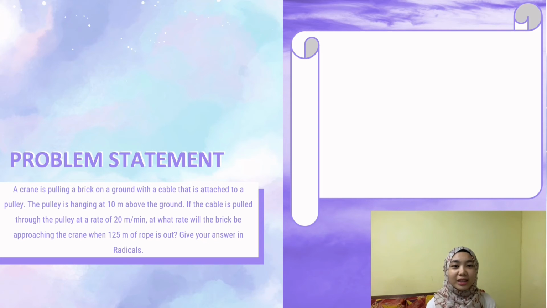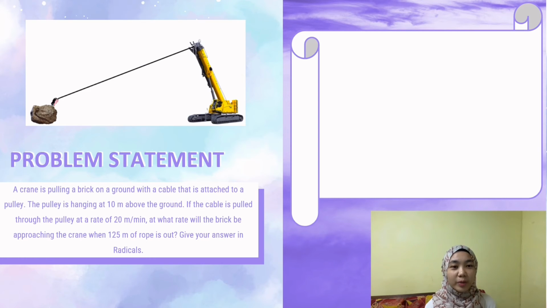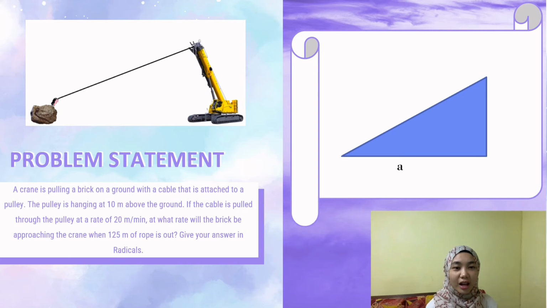So now, let's transfer all the information into a diagram. First of all, this is basically how a crane pulls a brick. We change the diagram into a right triangle consisting of the adjacent A, hypotenuse X, and opposite H. B will represent the brick, C will represent the crane, and P will represent the pulley. The problem statement says the pulley is 10 meters above the ground, so the opposite will be 10 meters.